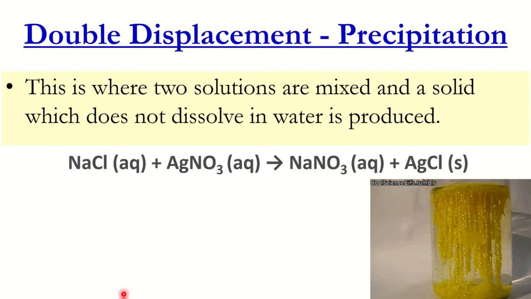Alright, so precipitation. This is an example of precipitation. When you have two liquids, so that's where the aqueous comes from, combine together and a solid is formed. There's two ways of knowing if you formed a precipitate. One way is formation of a solid. Another way is formation of color.